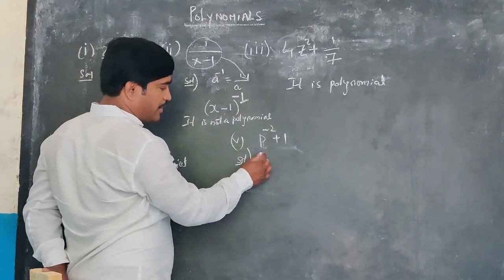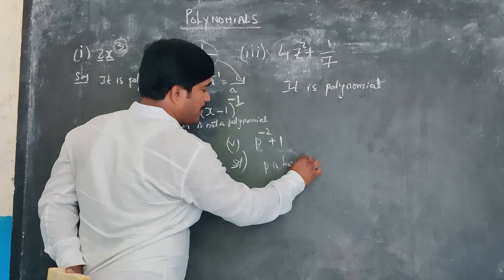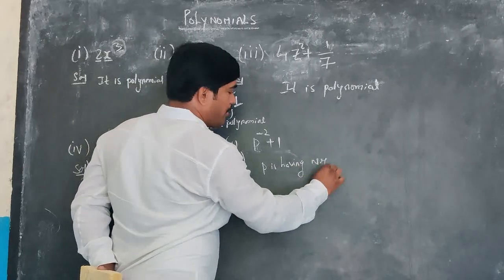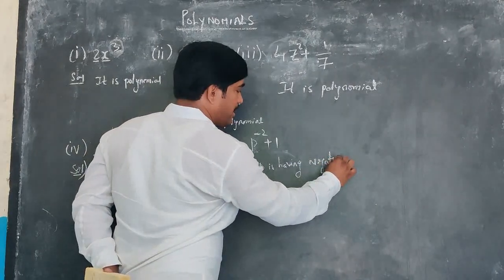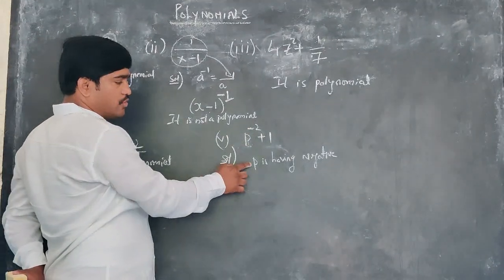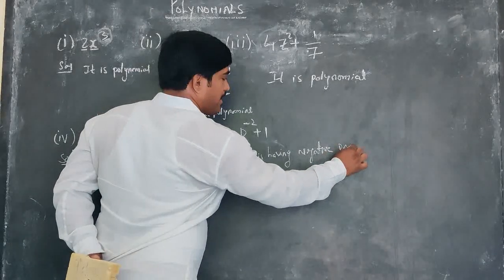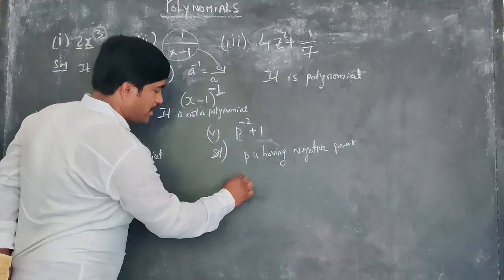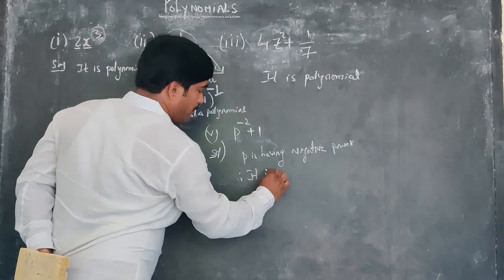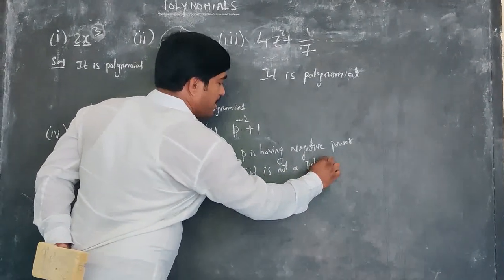Here p is a variable having negative power. It is clearly showing on the board, it is a minus sign. So minus sign indicates negative. So p is having negative power. Therefore it is not a polynomial.